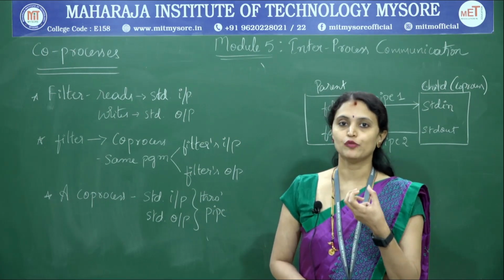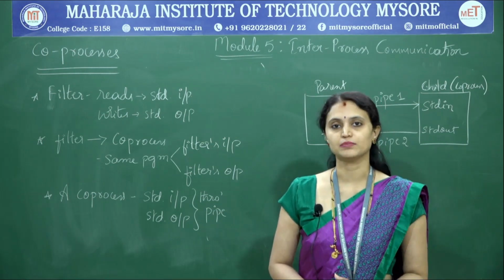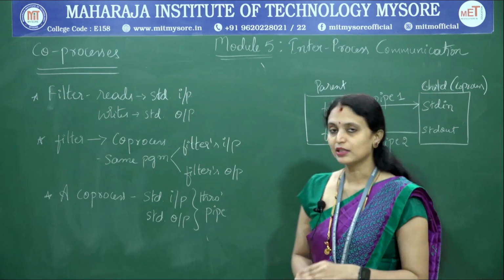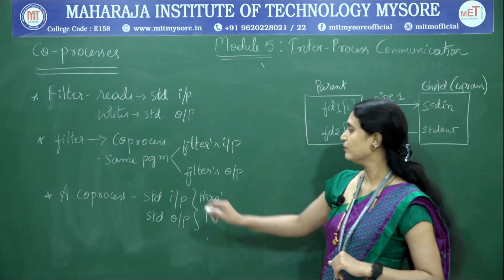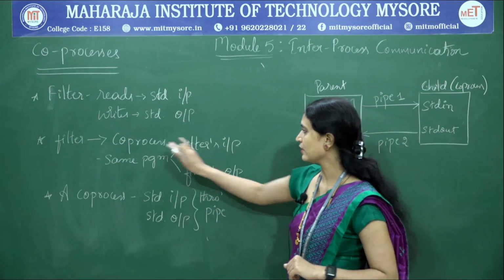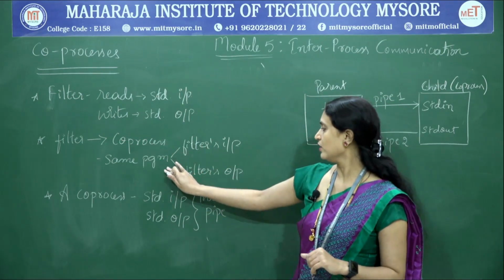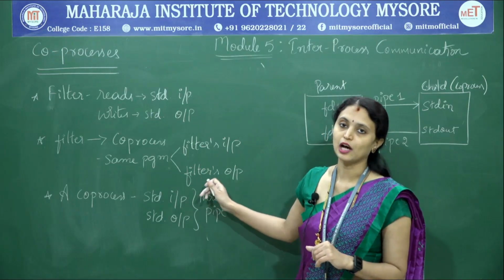Any program that reads from the standard input and writes into the standard output is treated as a filter in the Unix operating system. A filter becomes a co-process whenever the same program makes use of the filter's input and generates the filter's output.